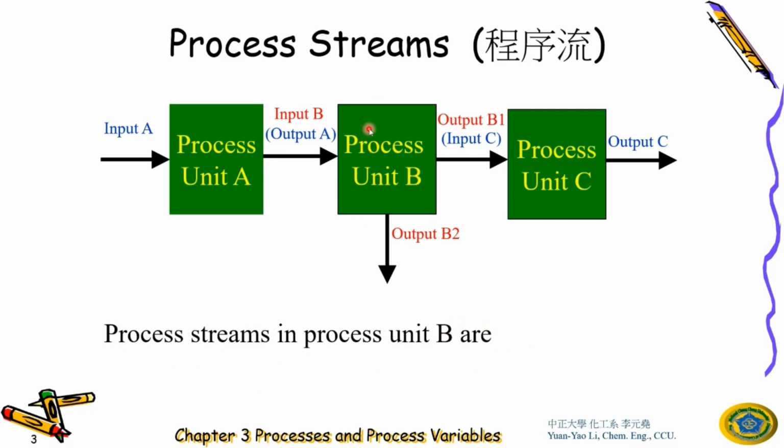You have one input, which is input B, and two outputs, which are output B1 and output B2. So to think of this process B, all you need is these three streams, not this one or this one.